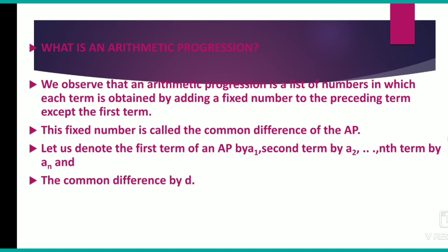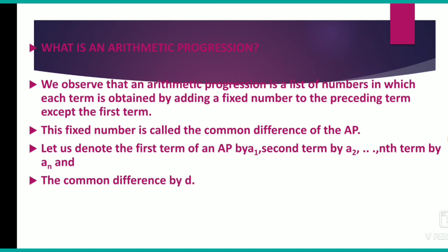Let us denote the first term of an AP by A1, second term by A2, and so on, nth term by An. So children, here see that the terms are denoted by A with a subscript. That is, we are using the first term notation as A1 and second term notation as A2, and so on, nth term notation is An.